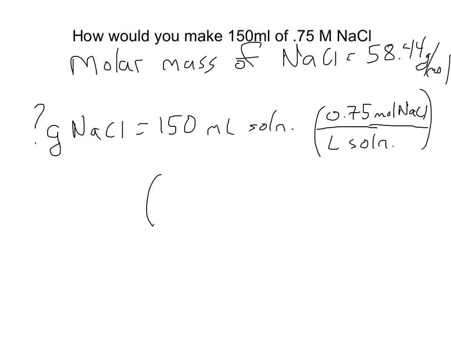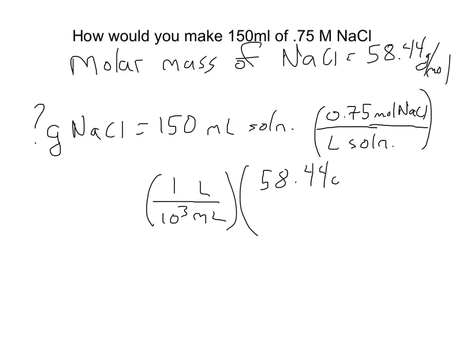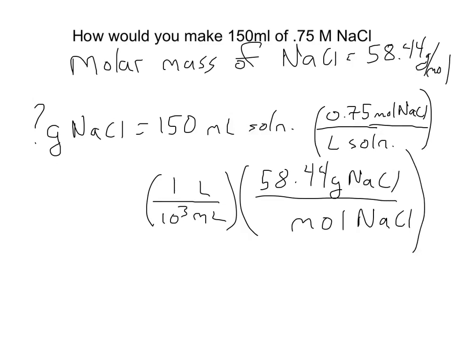I'm running out of space here, so I'm going to continue on the next line. My next step is to convert milliliters to liters, and there are 1,000 milliliters in 1 liter. Now I will use the molar mass of NaCl to convert from moles of NaCl to grams of NaCl. So that's 58.44 grams NaCl over 1 mole NaCl.